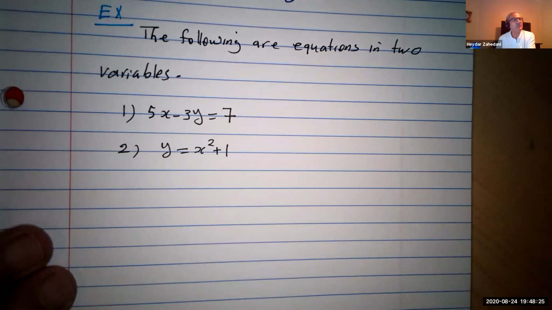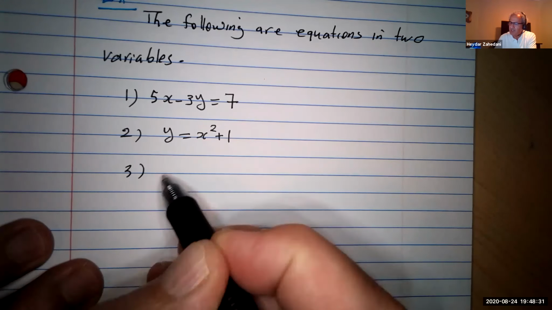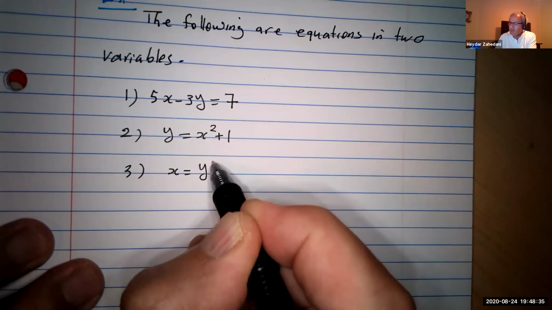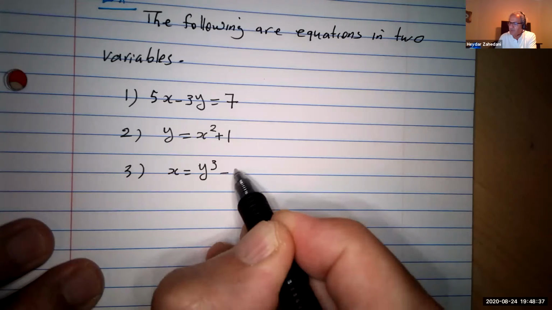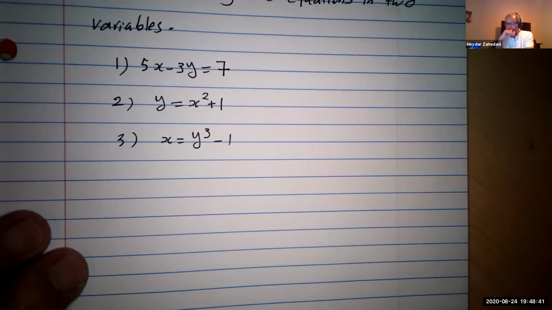Again, it's an equation in 2 variables. The next one is something like x equal to y cubed minus 1. Again, an equation in 2 variables.